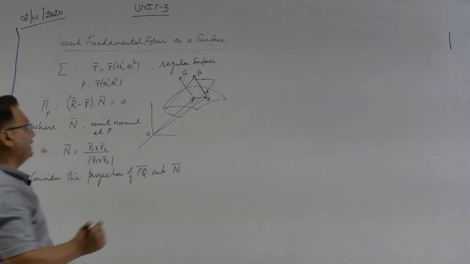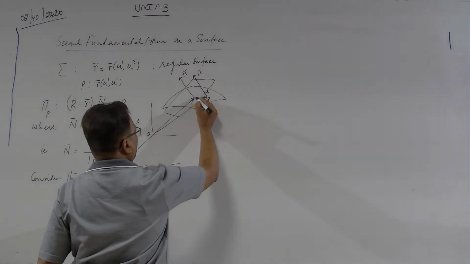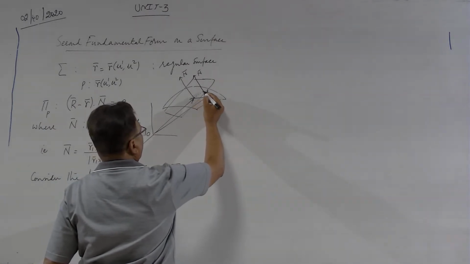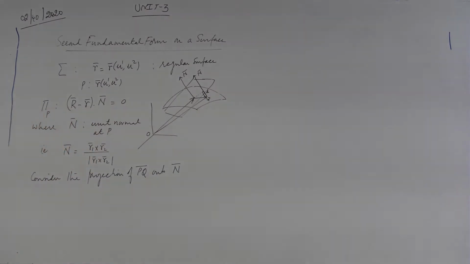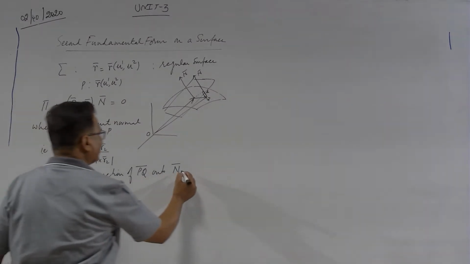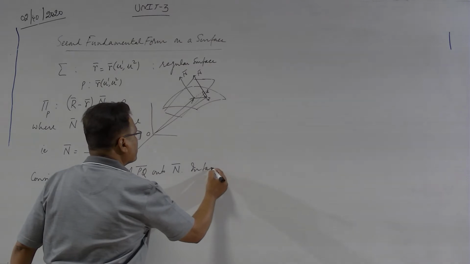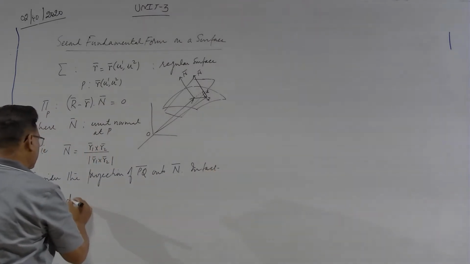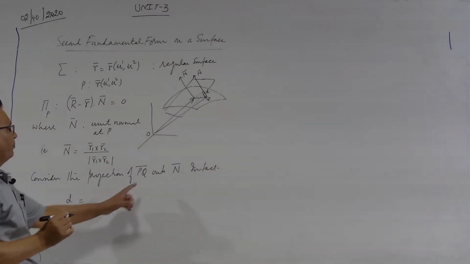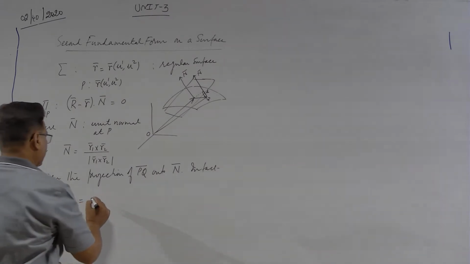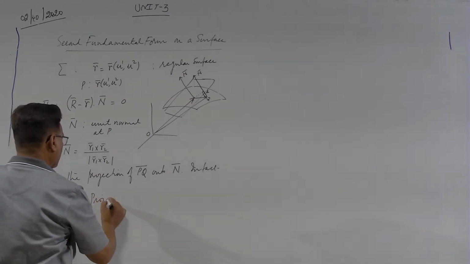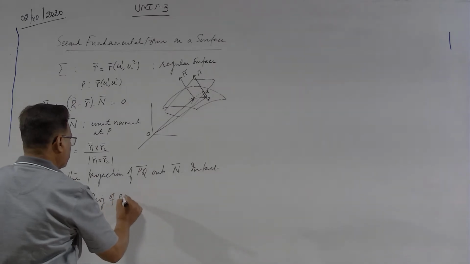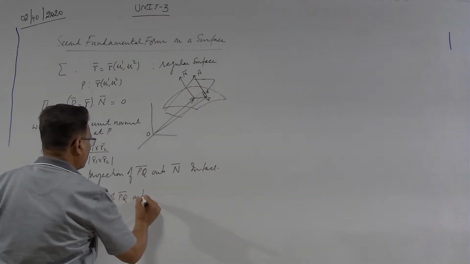You can physically see that if I drop a perpendicular from Q onto the normal n, then this distance is actually d. So, in fact, d is nothing but the projection of PQ onto n.